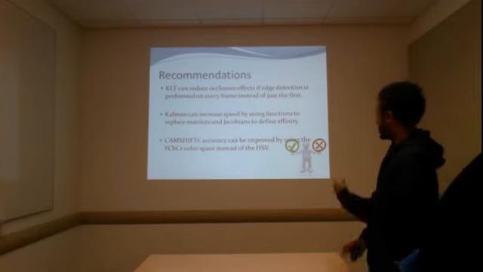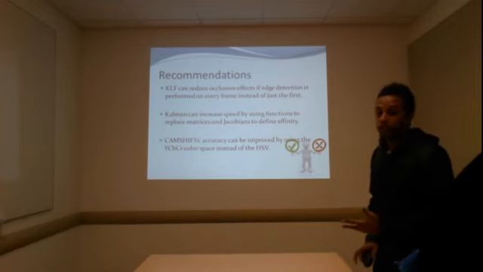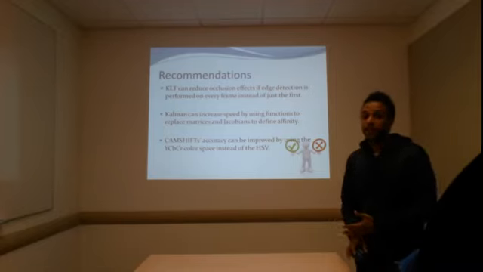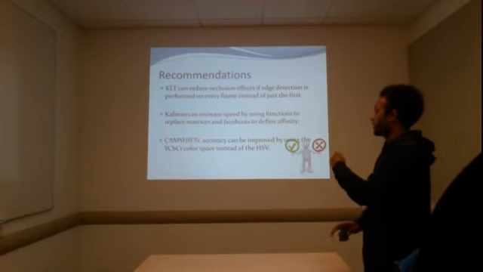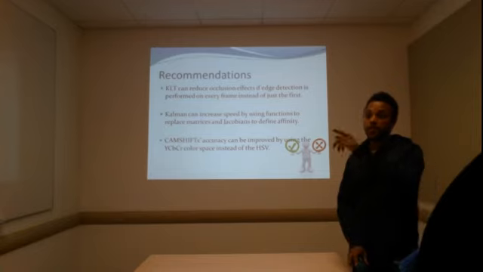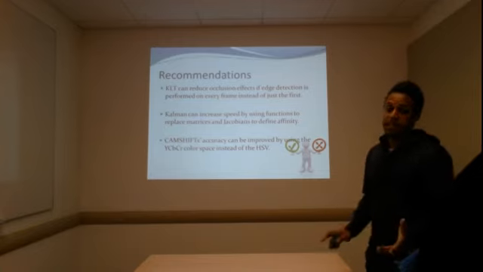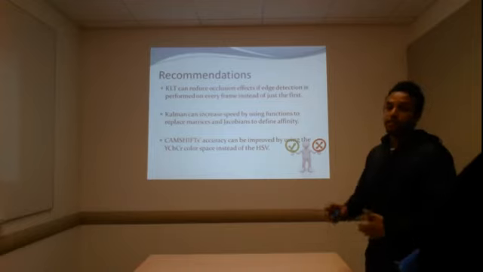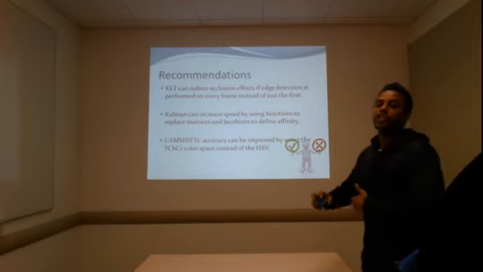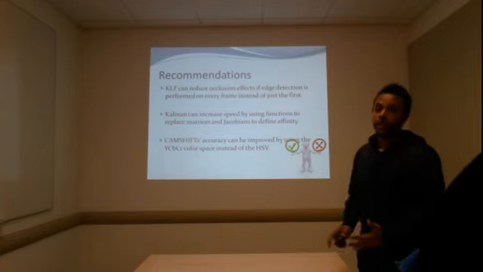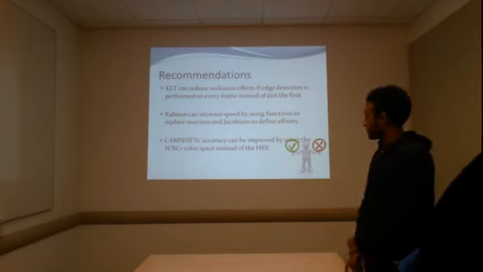Kalman can increase its speed by using maybe functions to replace matrices and Jacobians to define affinity. If you had noticed prior, the Kalman algorithm uses basically hard-coded matrices to represent its states. Using functions can basically provide a more continuous flow and faster updates. And also Jacobians can be used to take affinities into consideration.